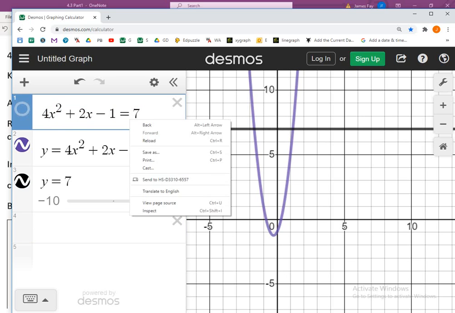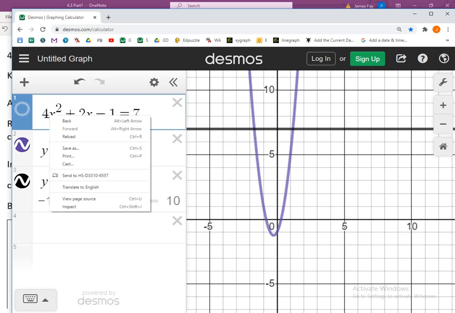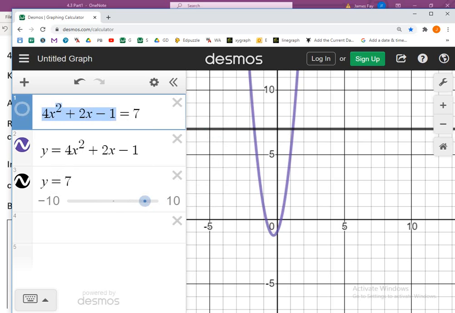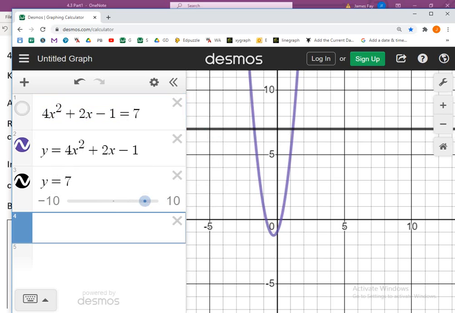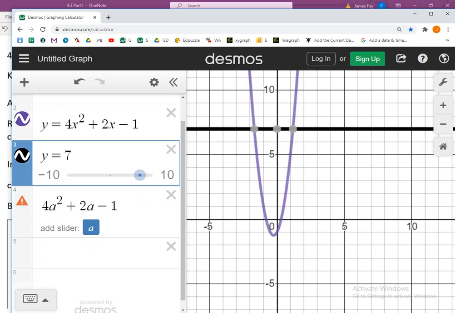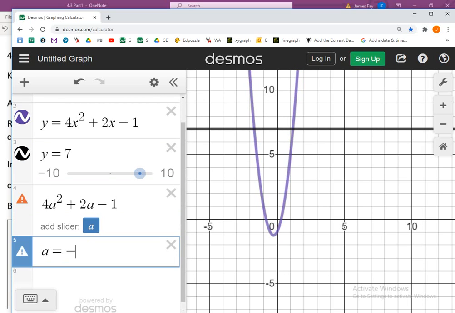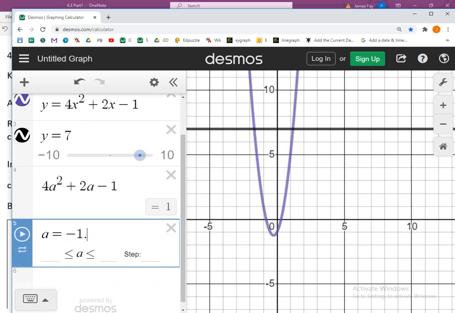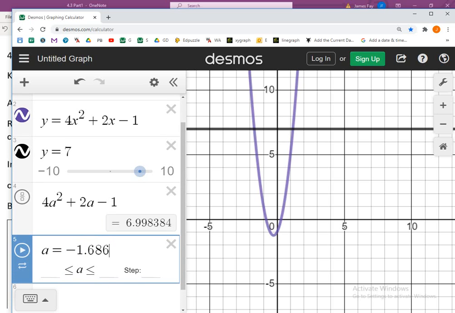If I copy this number and make it A so I can do the substitution, we saw that the answer is negative 1.686. Is the result exactly 7? It's a little off only because it's rounded to three decimal places.